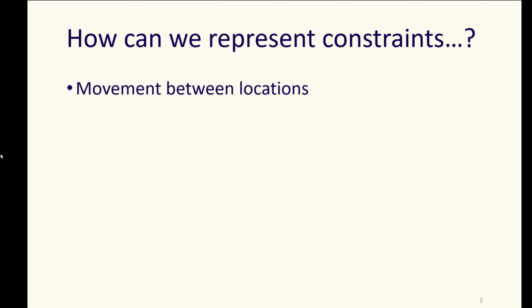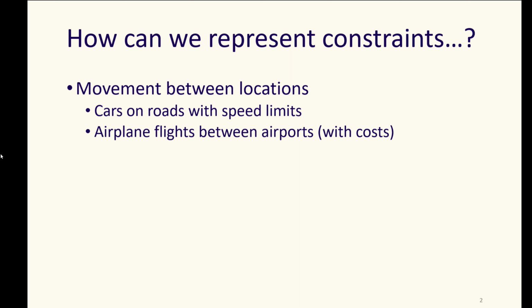They help us answer how we can represent constraints or more complex relationships, like movement between locations, such as cars on roads where they have speed limits or a time that it might take to travel that road, and we need to make some decisions about which roads to take on a trip or things like that.